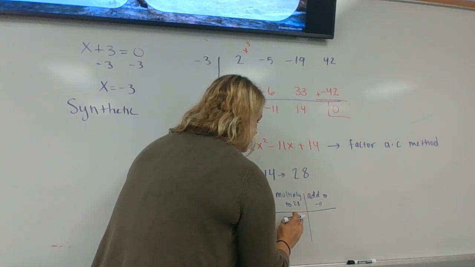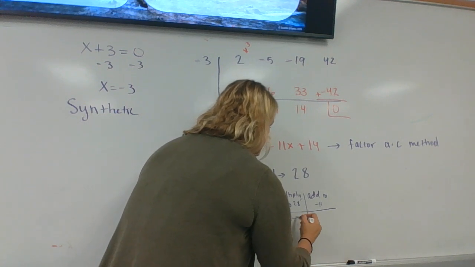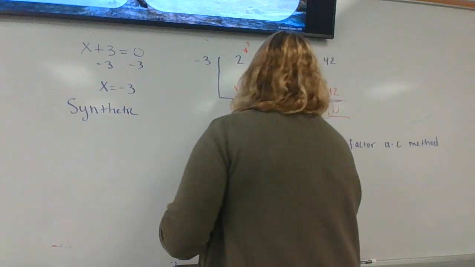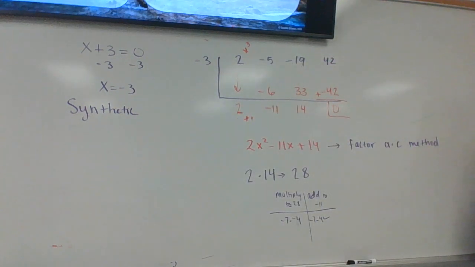Negative 7 times negative 4. That's what you said, Mantra? Negative 7 minus 4. Okay. Pick your numbers. Negative 7 and negative 4.